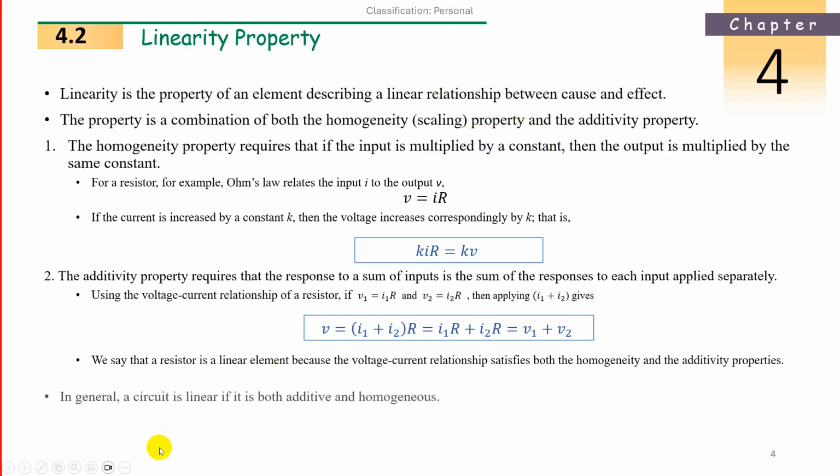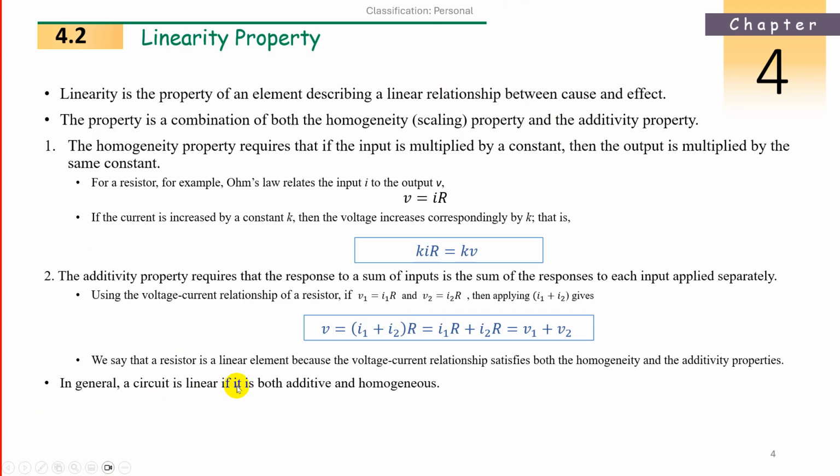In general, a circuit is linear if it is both additive and homogeneous. If these two properties are satisfied, then it is linear. So now I can go further by using different theorems, because this circuit, which has resistance and sources, is linear.